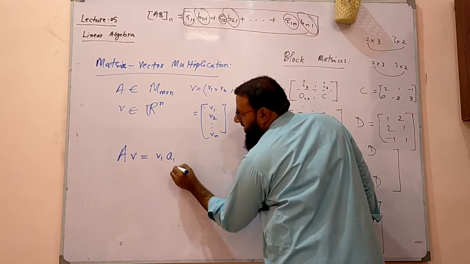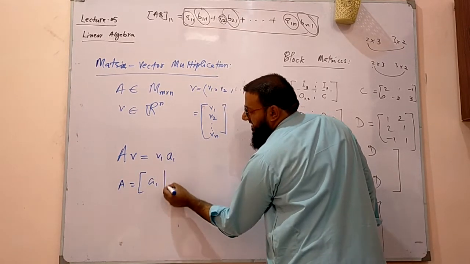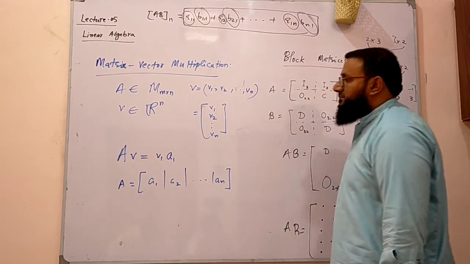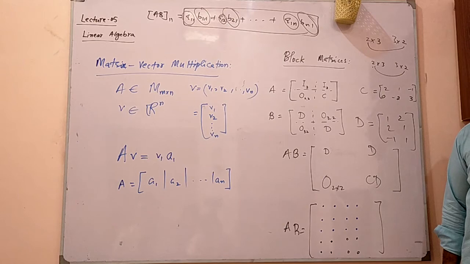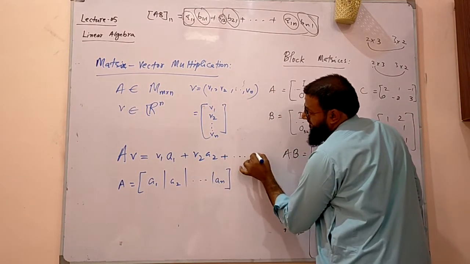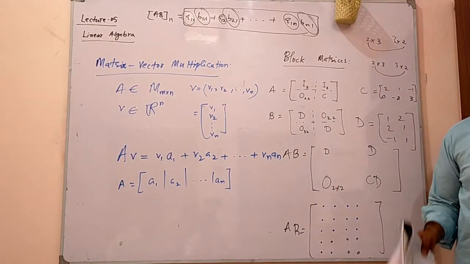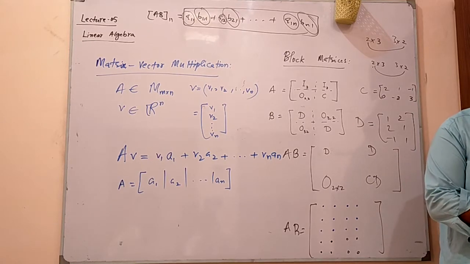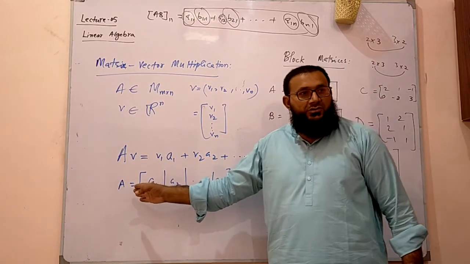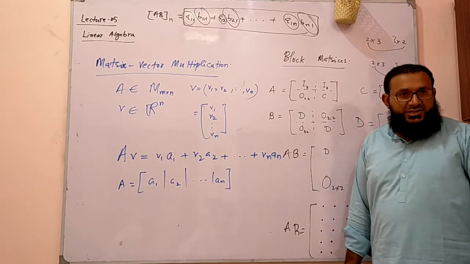Multiply it with the first column of A, because matrix A has columns A1, A2 up to An. Then V2 with A2, up to Vn with An. You can write it in that form as well. These Ai are the columns of your matrix A, and these V1, V2 are the components of our vector V.